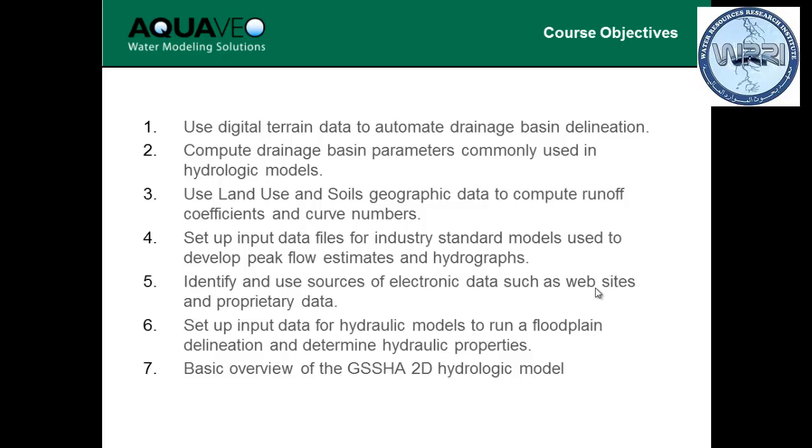You can get a hydrograph from your hydrologic model. You can download data, and you can run hydraulic models like HEC-RAS, and there are some other hydraulic models that we'll hopefully get to talk about, like SWMM, that you can also run.